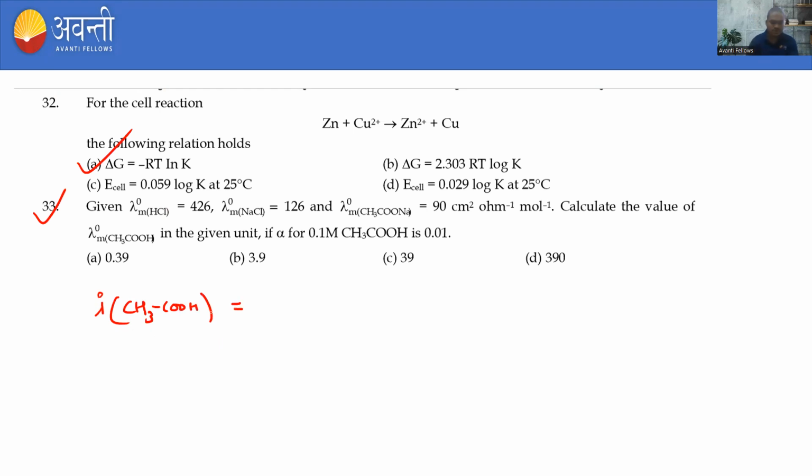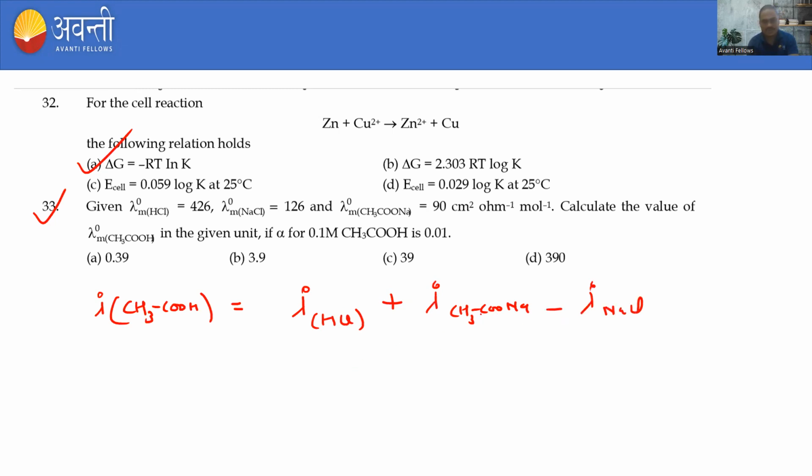We have the values for HCl, for NaCl and for CH3COONa. So we can calculate CH3COOH by just adding the value of HCl plus CH3COONa, and subtracting the value of NaCl, right?